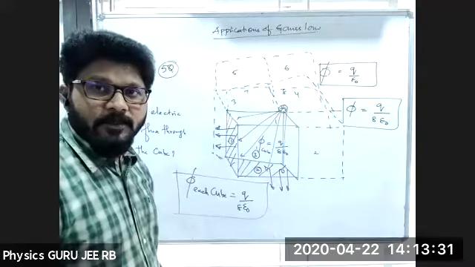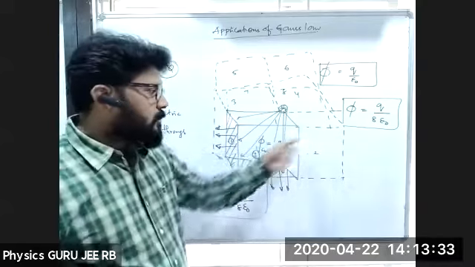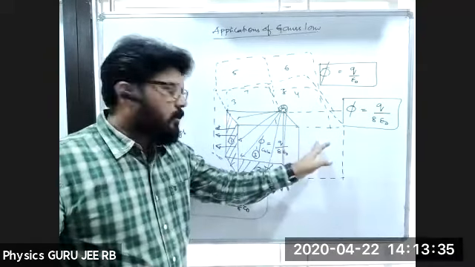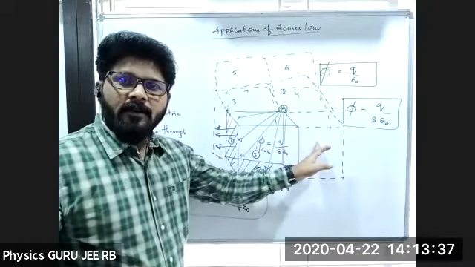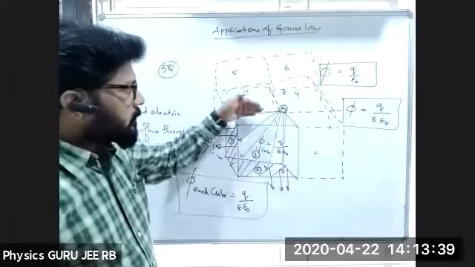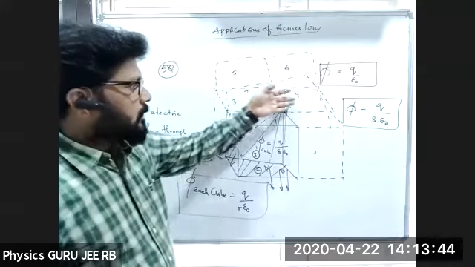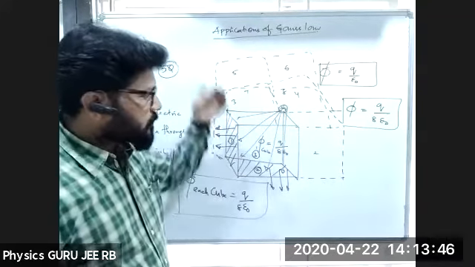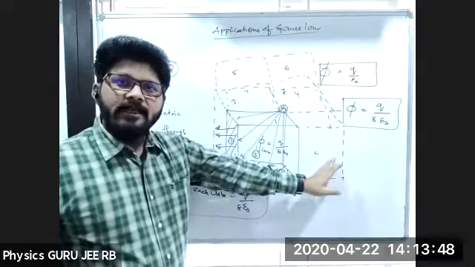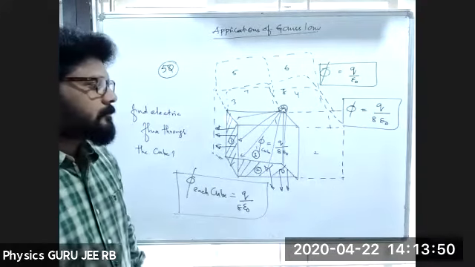3 surfaces are possible. The remaining surfaces are closed. This is blocked by the second cube, and the third is blocked by the back side of the first cube. So this is closed, back side is closed, side is closed. Is it clear?